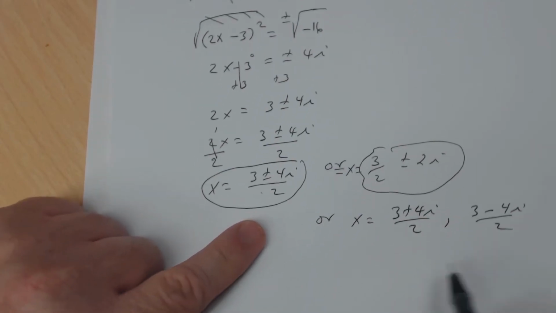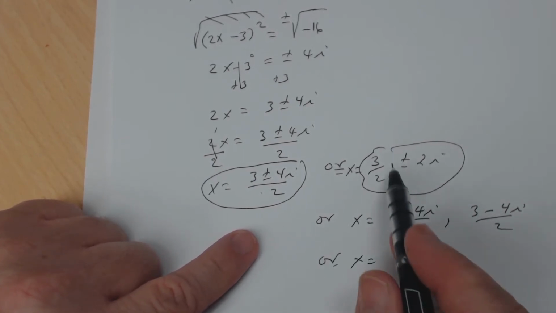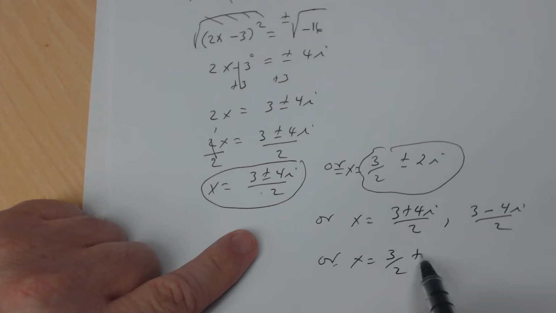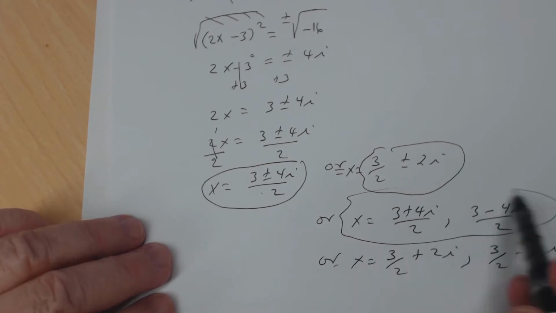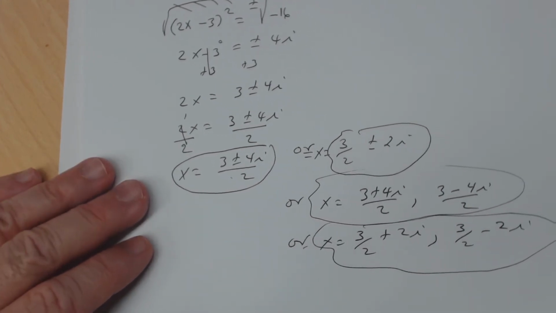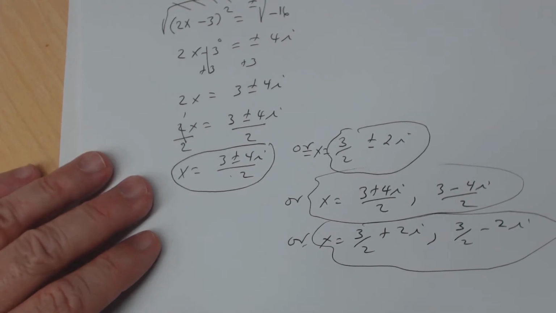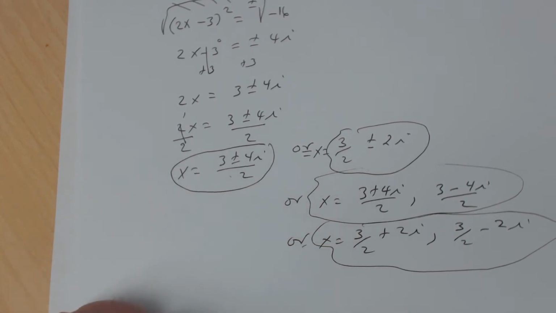Or, taking this right here, you could say x = 3/2 + 2i, or 3/2 - 2i. So all of those are ways of writing the solutions. Many times what you'll see is it written like this, but either one is fine.